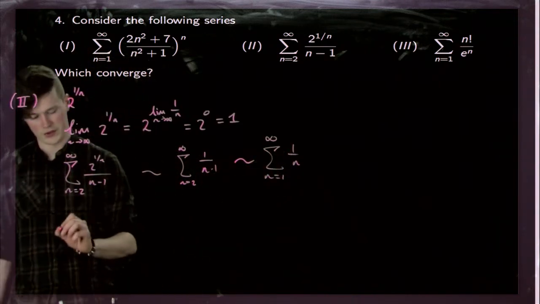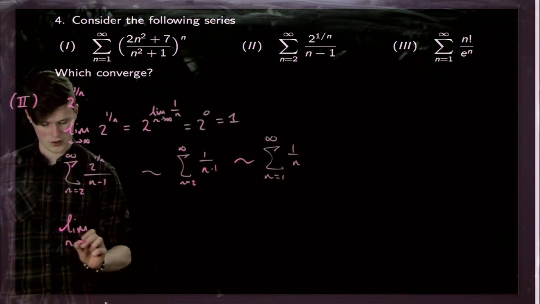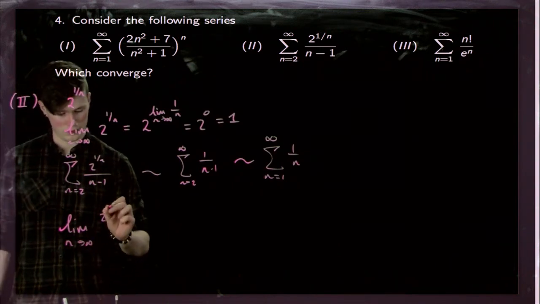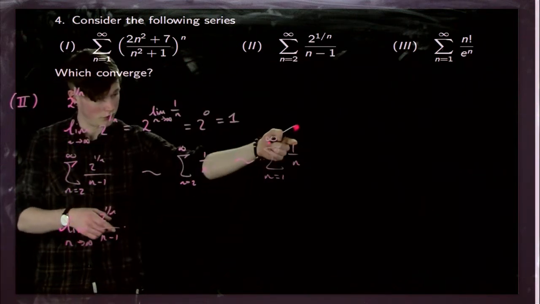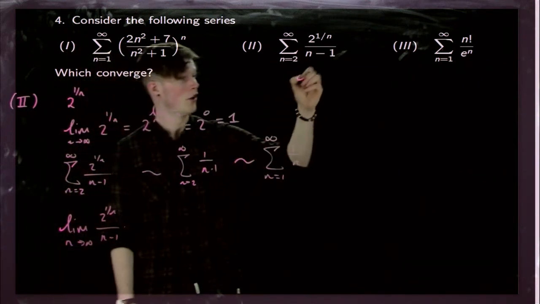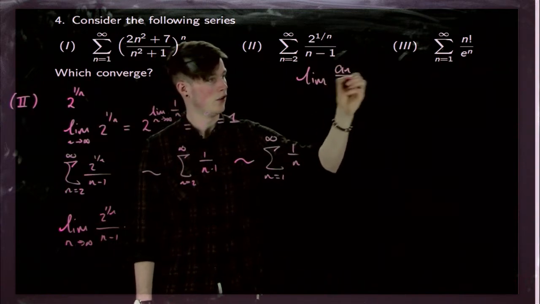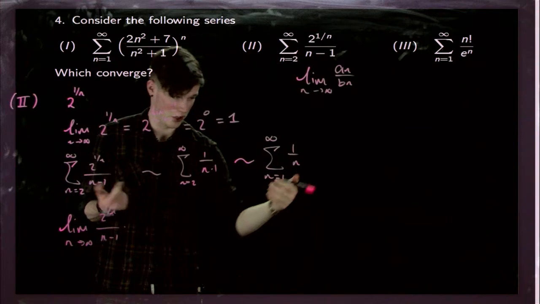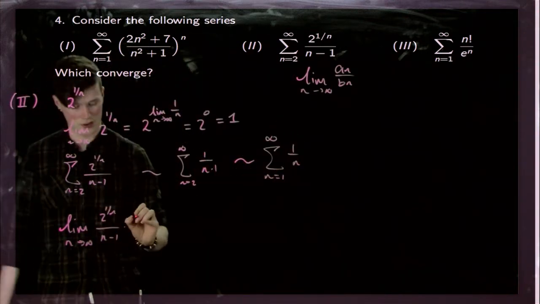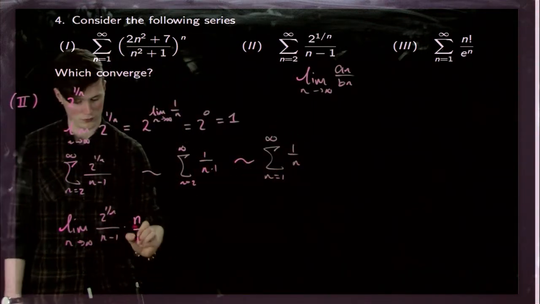Let's consider the limit as n goes to infinity of (2 to the 1 over n) over (n minus 1), divided by 1 over n, because remember, limit comparison is an over bn. This is our an, this is our bn. Dividing by 1 over n is the same as multiplying by n over 1.